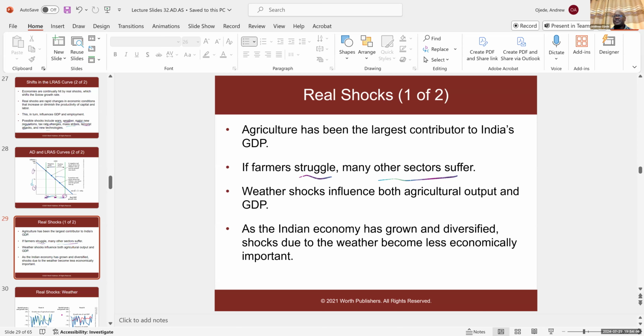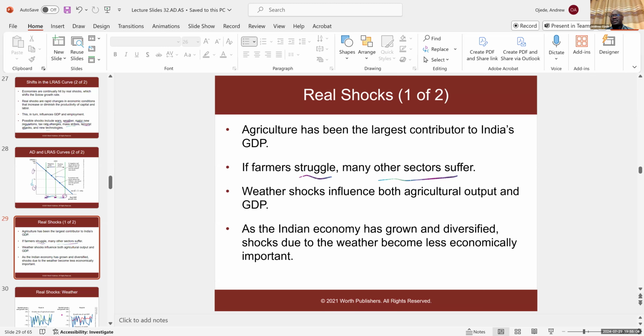Okay? So if the agricultural sector suffers, that shock can send shock waves to the entire economy. Other sectors of the economy that are related to agriculture will get affected. For example, the fertilizer industry. If agriculture is shrinking, that means farmers are not demanding enough fertilizer, so the fertilizer industry is going to be affected.